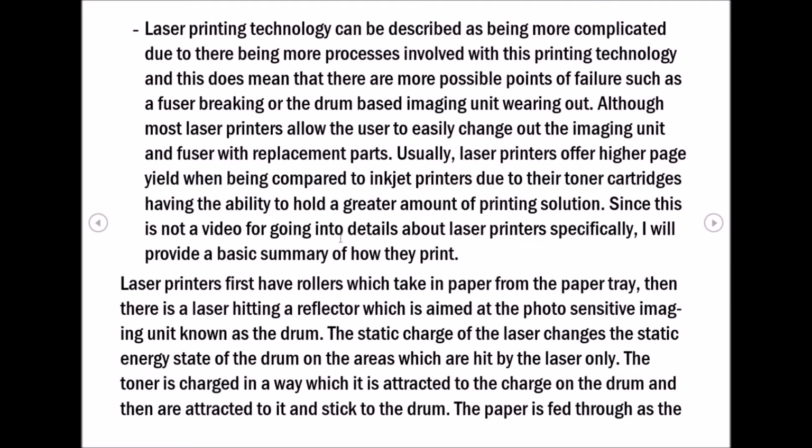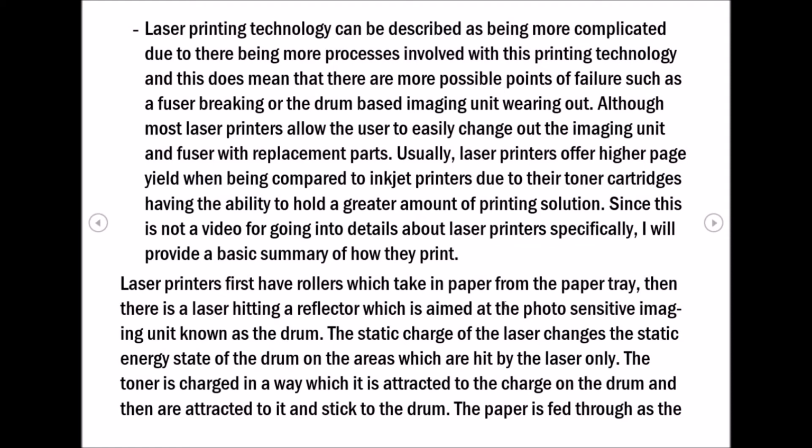Since this video is not going to go too much into detail about laser printers specifically, I will provide a basic summary of how they print. Laser printers have rollers which take in paper from the paper tray. Then there is a laser hitting a reflector which is aimed at a photosensitive imaging unit known as the drum.